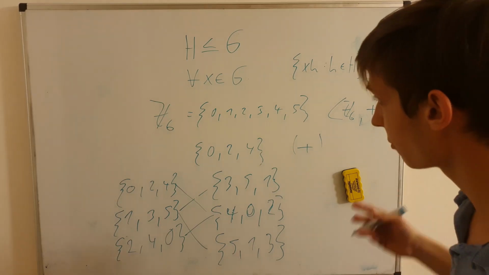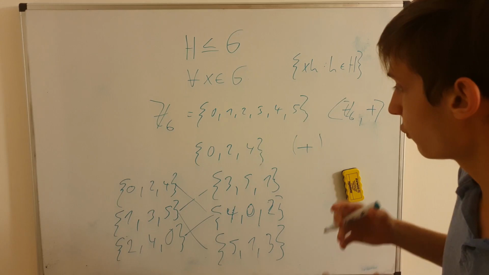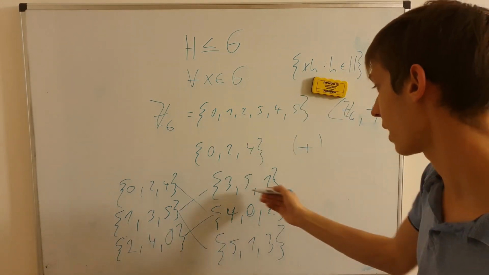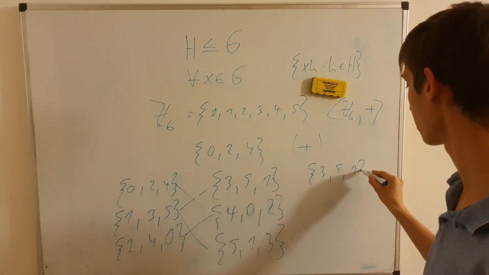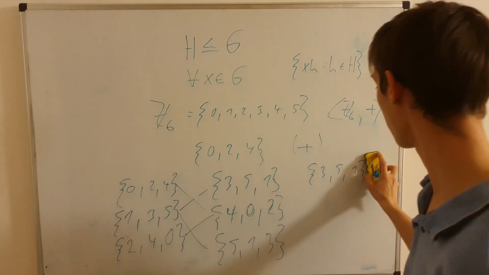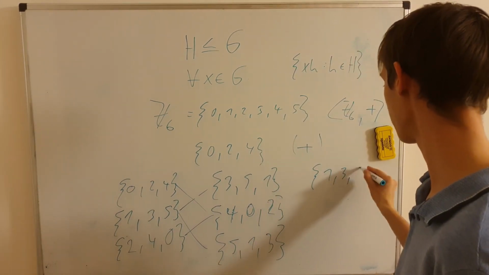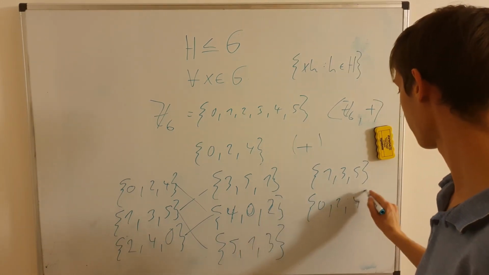And another thing is very interesting. If we look at the only distinct sets we now have, we have 3, 5, 1, which is the same as 5, 1, 3. I could also write the order with the numbers getting bigger, so 1, 3, 5 is maybe the best way, and in the second case 0, 2, 4.